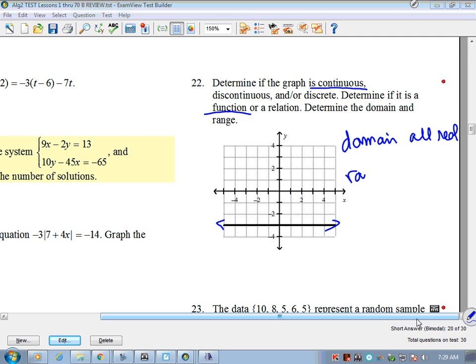But our range is our y values. You'll notice that it is y equals -3. That's it. It doesn't go anywhere else. So our range is y equals -3. Okay, continuous function. I think you got all of that.